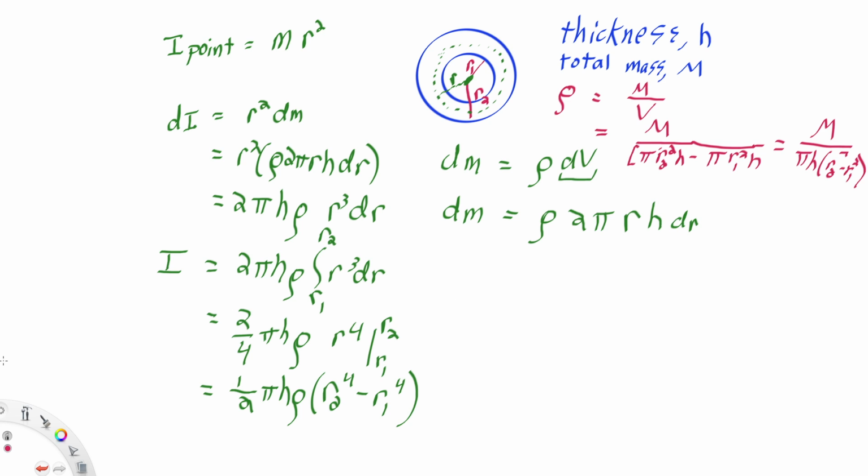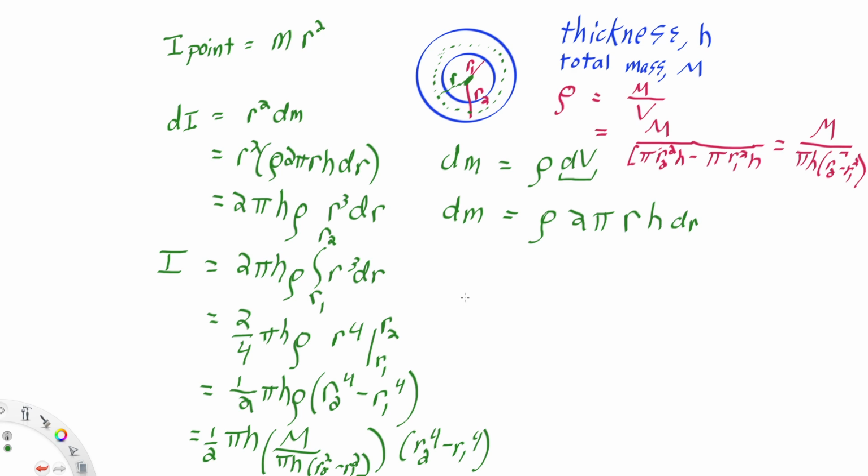And now we can go ahead and plug that in to our result down here. So we have 1/2 pi h m over pi h r2 squared minus r1 squared times r2 to the fourth minus r1 to the fourth.